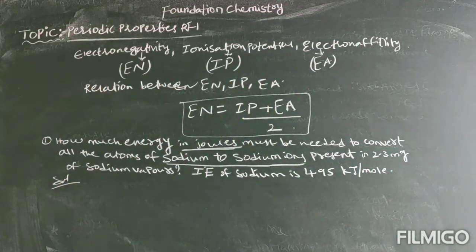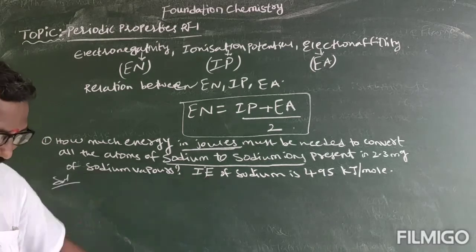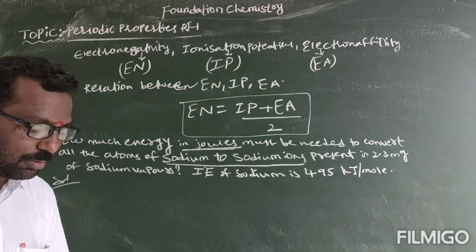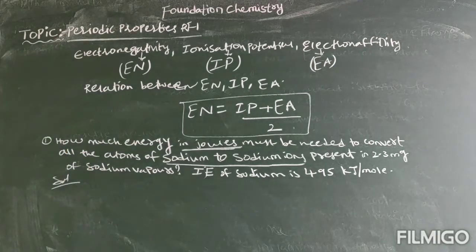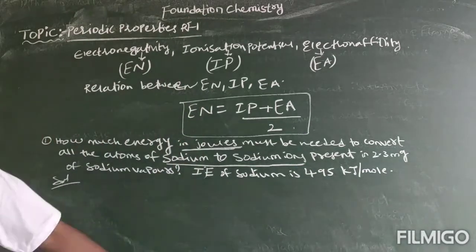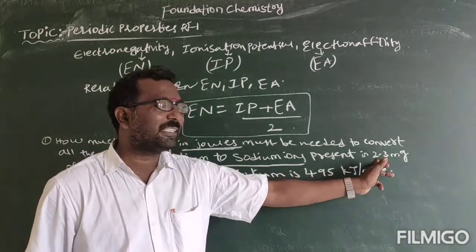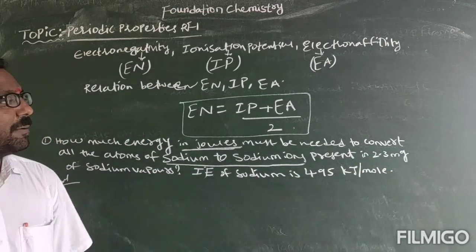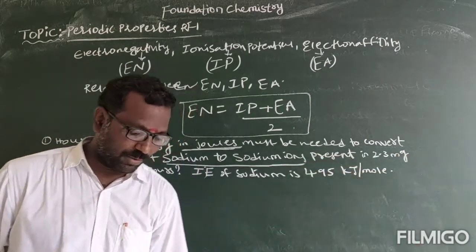Okay, 495 kilojoule per mole it is given. Now what he is asking you, how much amount of energy is required to ionize these many grams. See, it is measured in moles, but this is in grams. So first you have to calculate number of moles first of all.